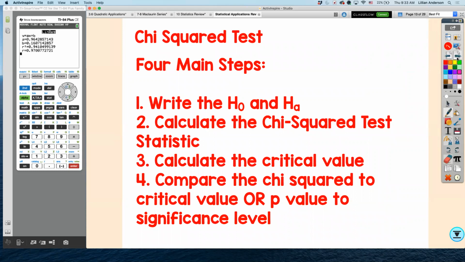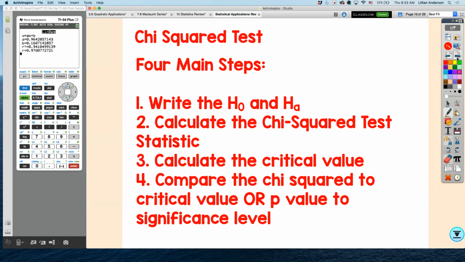Chi-squared was one of our statistical tests that was done with data. We were trying to figure out if one was dependent on the other. There are 4 main steps. You write out your H naught and your HA.